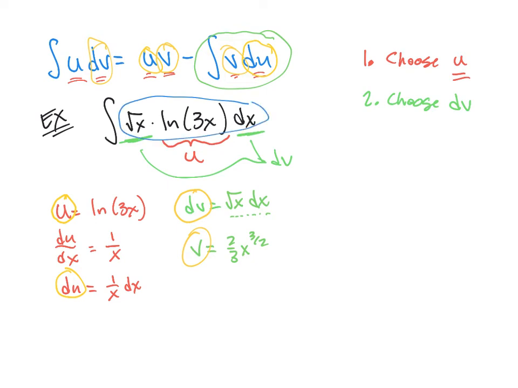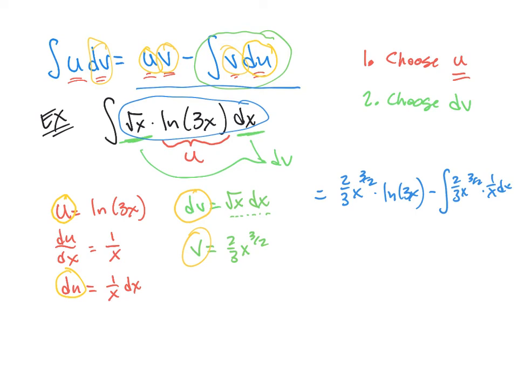We're going to turn that into this expression here. So that's going to be uv: 2/3 x to the 3/2 times natural log of 3x. That's the u times v, minus the integral of the v, which was 2/3 x to the 3/2, times the du, which is 1 over x dx.